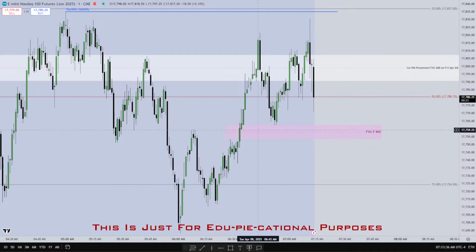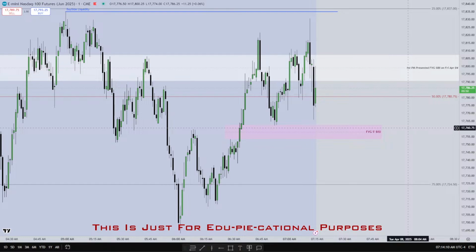The price should come to reach this area here, and after that try to keep the bodies of the candles above the consequent encroachment of this BC, and within 2 or 3 minutes reach higher for this buy side liquidity here. We are not very excited. We have to be patient and just read the price. I'm here just to show you how to read the price.